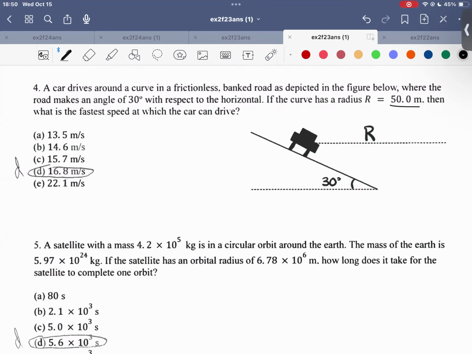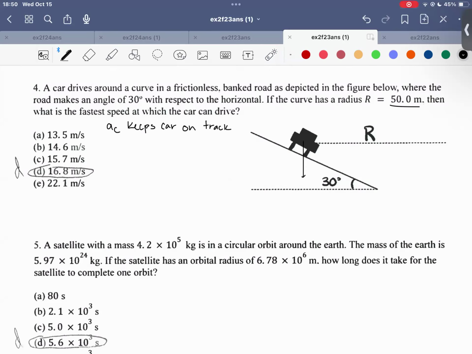Okay, so the thing that's going to be keeping the car moving in a circle again is going to be our centripetal acceleration. So AC keeps the car on the track. Okay, and then just looking at this, the only force that we're given or that can act and supply the centripetal acceleration is gravity.